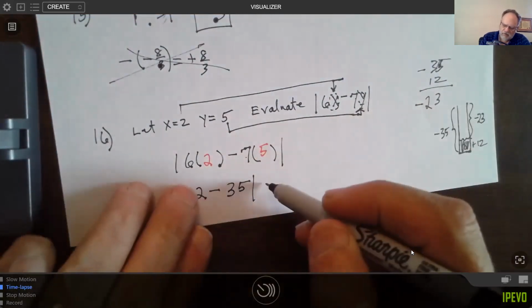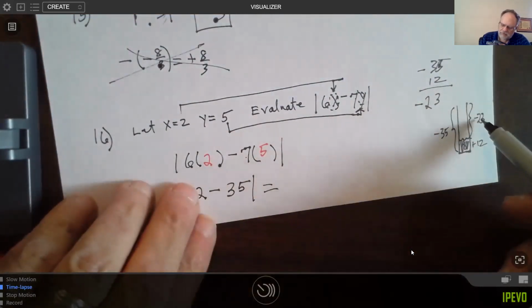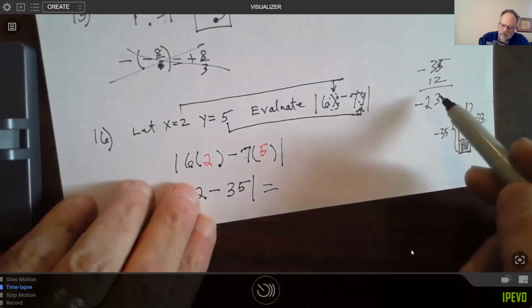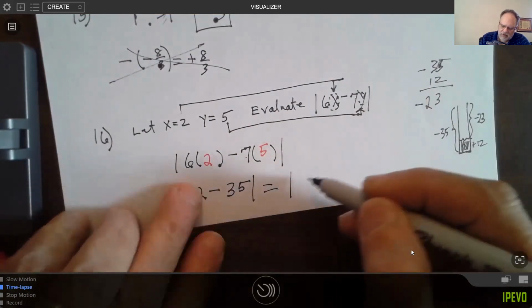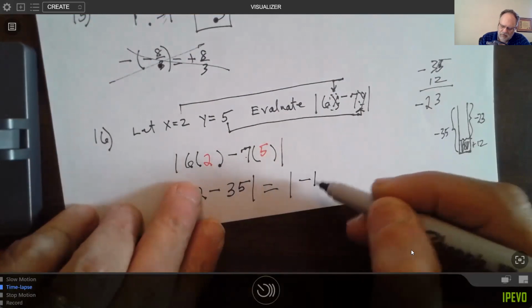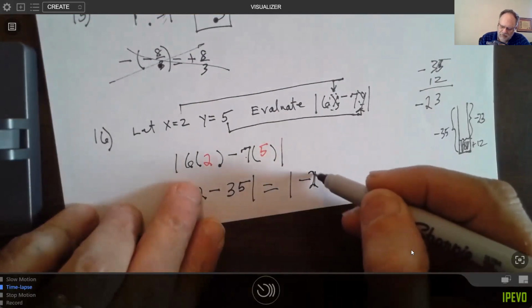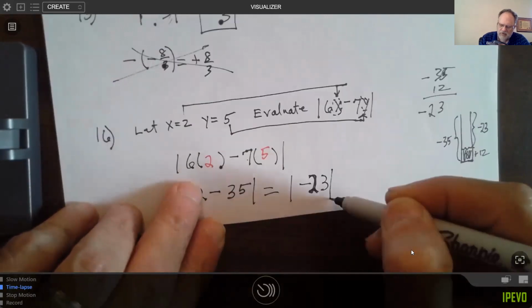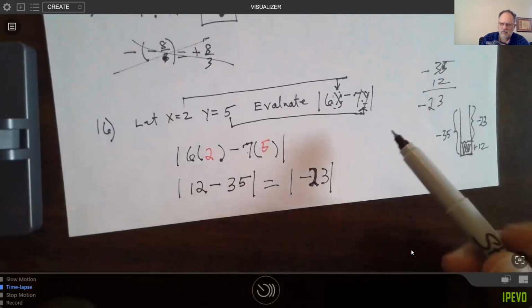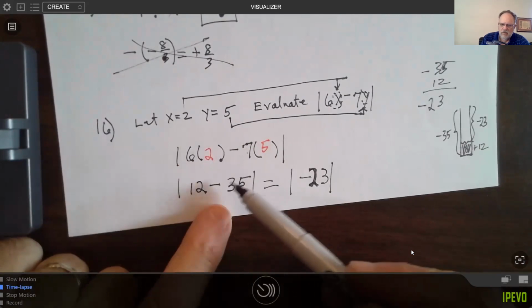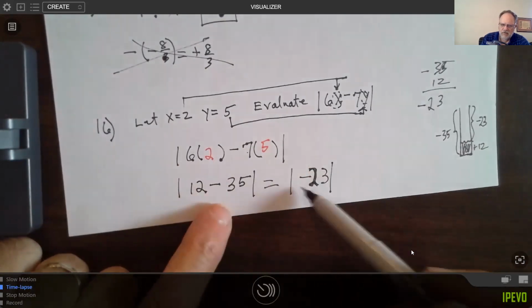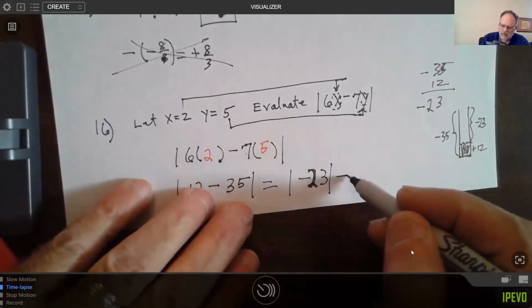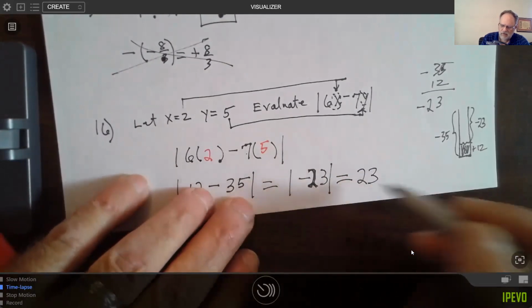So that's why the answer is negative. But we're still in the absolute value. So we put negative 23 inside the absolute value sign. So you don't want to skip this part, because this is going to change our 23 to a positive 23.